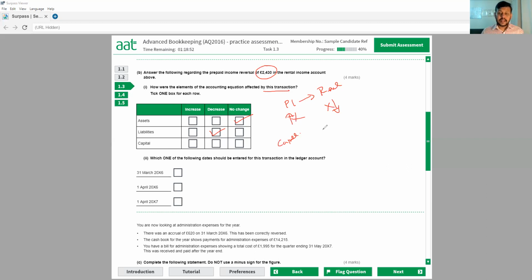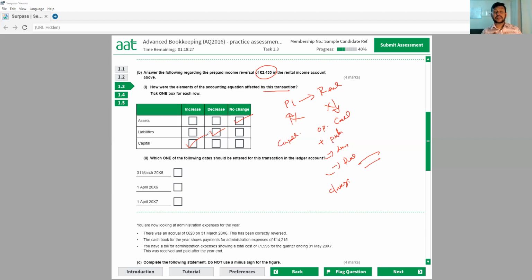Remember that. If you remember your template, opening capital plus profit, less losses and less drawings, this will give you the closing capital. So any sort of income or any sort of profit will increase your capital. So the capital will also be increased.